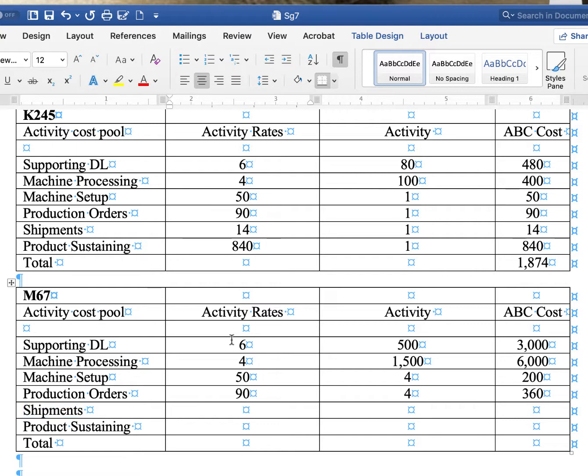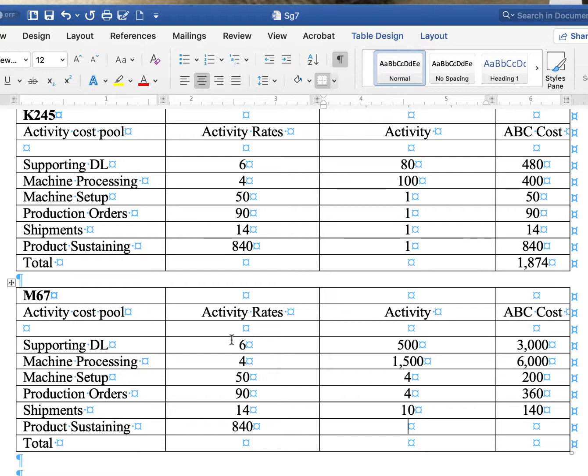Shipments. Well, I know the activity cost pool of shipments has an activity rate of $14 per shipment. Okay, how many shipments do I send out of M67? Well, it says 10. So $14 times 10 gives me $140. Product sustaining. I know that the product sustaining activity cost pool has an activity rate of $840.